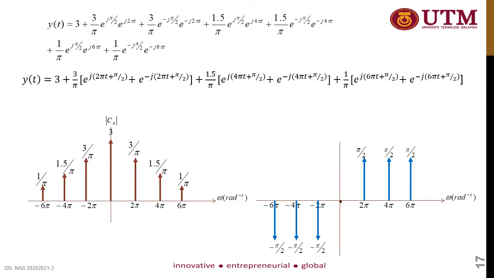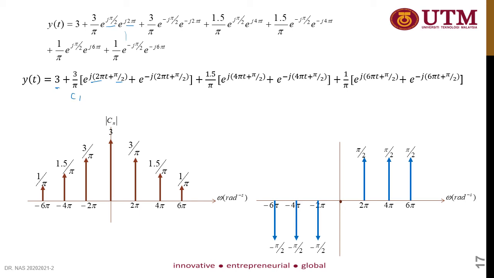Okay, once you have completed the equation, you can simplify the equation by grouping them based on the frequency. Okay, so this is the C naught, this is the C1, both positive and negative values. Okay, this is when you have positive frequency, and you have positive phase shift.